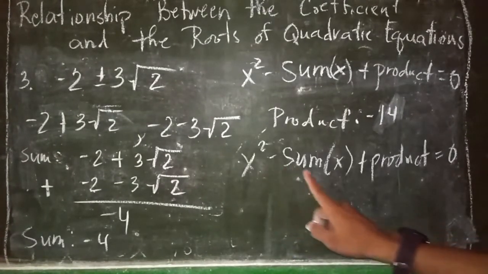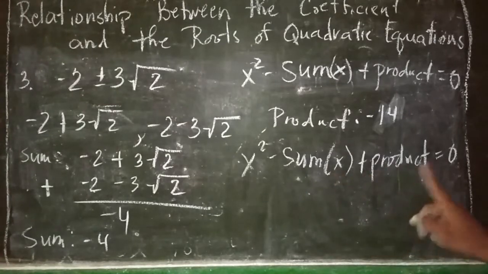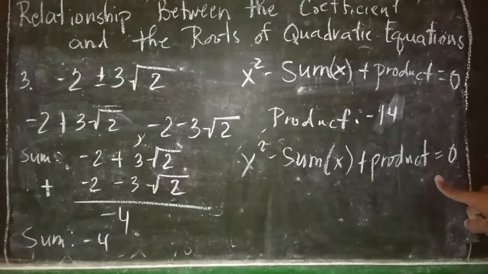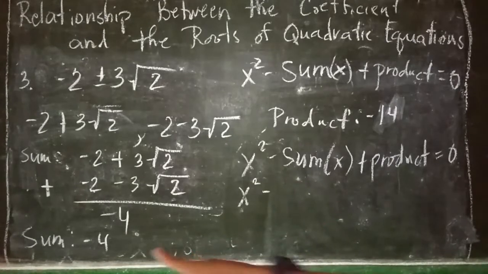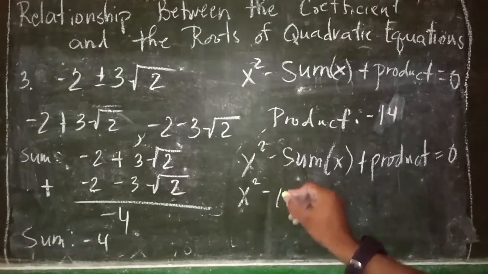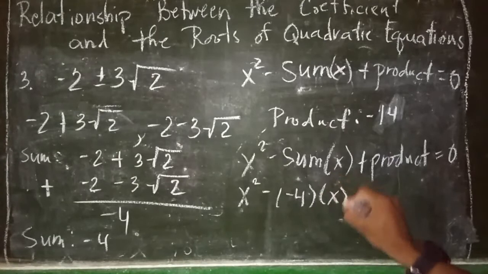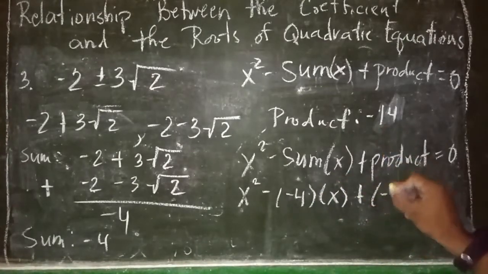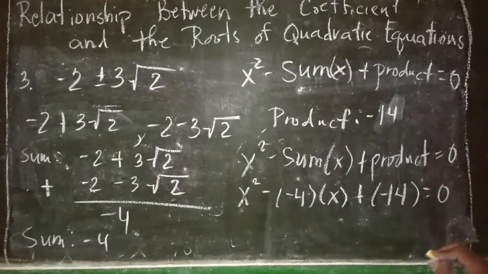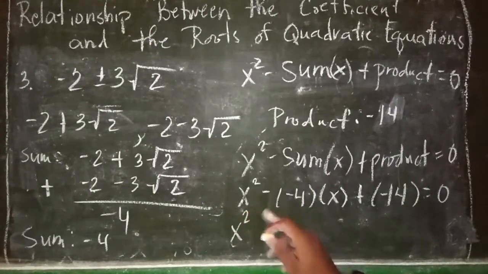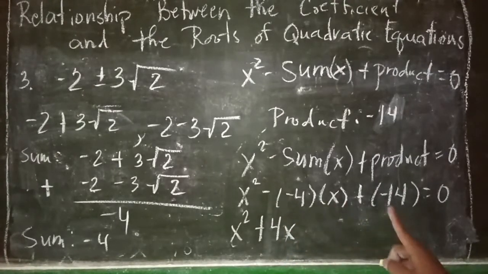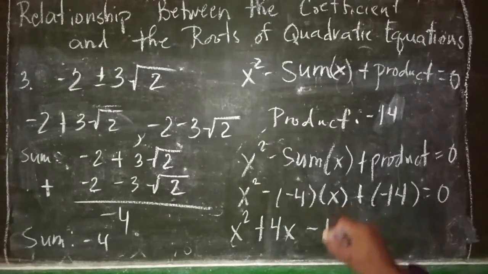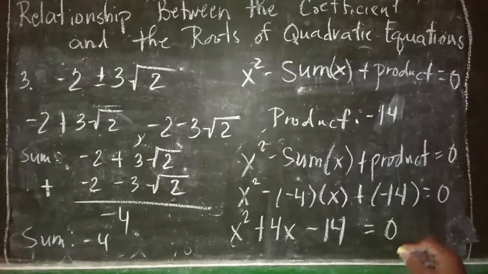So x squared minus sum times x plus product equals 0. Dito na natin isa-substitute yung mga nakuha nating sum and product kanina. So, x squared minus the sum. What is the sum? Negative 4 times x plus the product, negative 14 equals 0. So, x squared now is equal to negative times negative, that is positive 4x. Then, positive times negative, that is negative 14 equals 0.